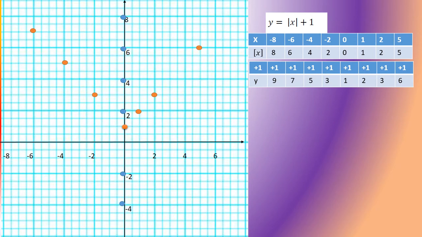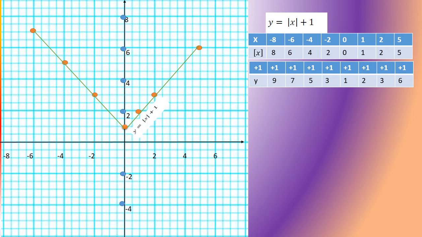So on the grid you have to mark the coordinates x and y, but when you are to find what the y coordinate is, we have to use the equation modulus x plus 1. And when you join the points, we get a V-shaped graph like this.